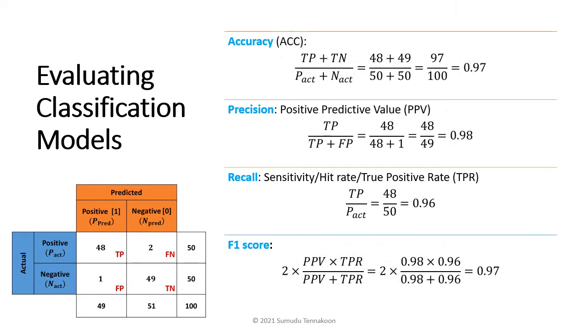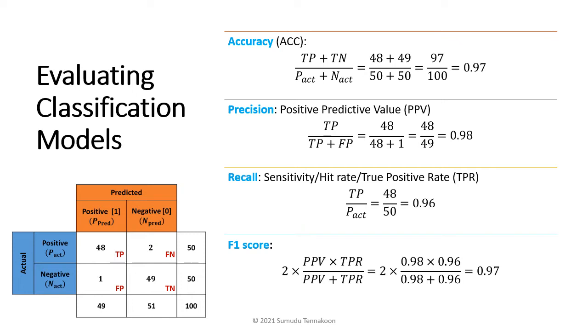Let's try to compute these with numbers for the example we have in the slide. If you take the accuracy, I don't need to repeat the true positive, false negative, false positive, and true negative in the confusion matrix you have in the slide, but you can follow the numbers. From this confusion matrix, the accuracy is 0.97 for this classifier, and for the precision we get 0.98.